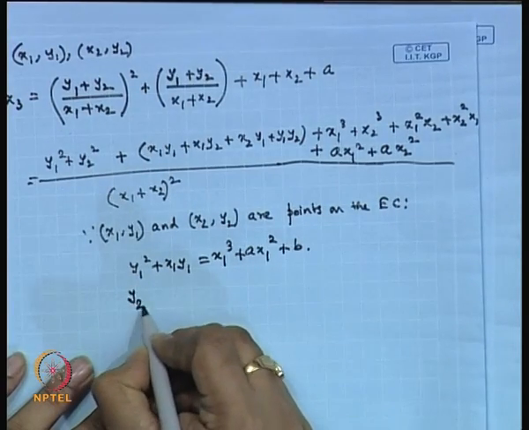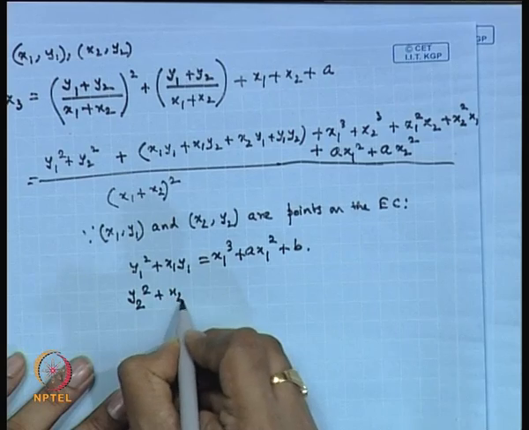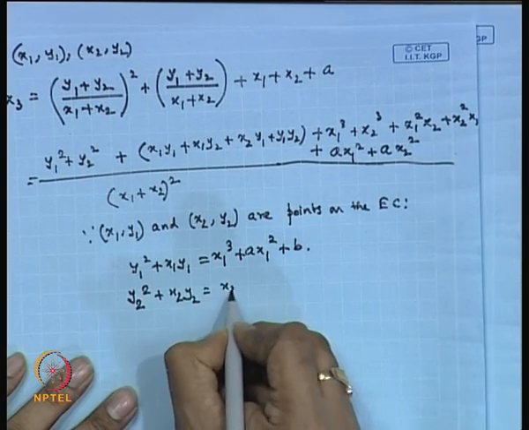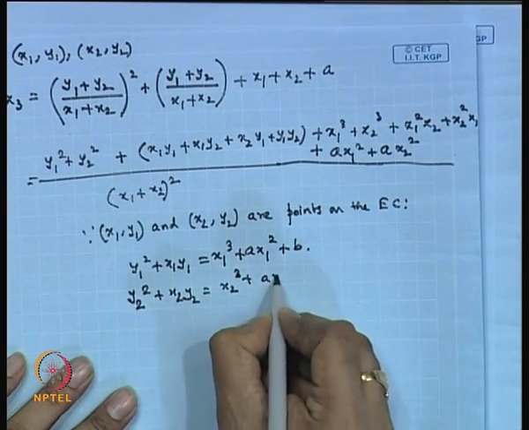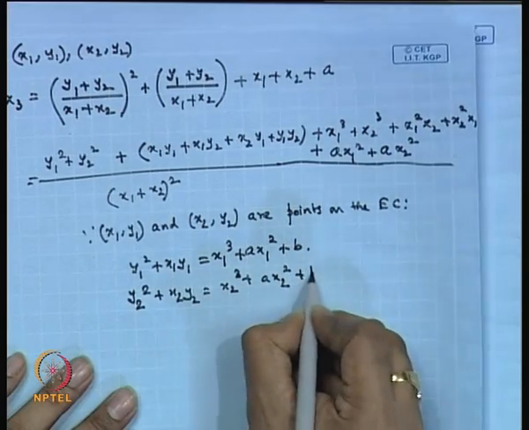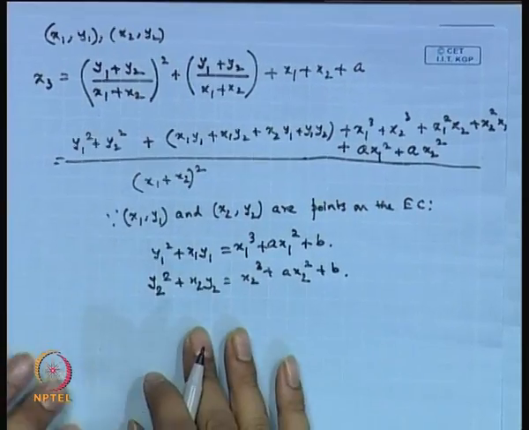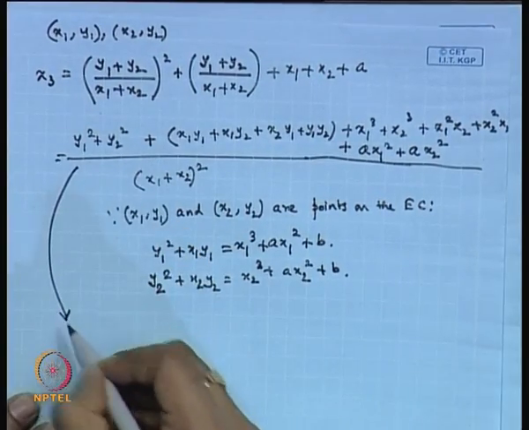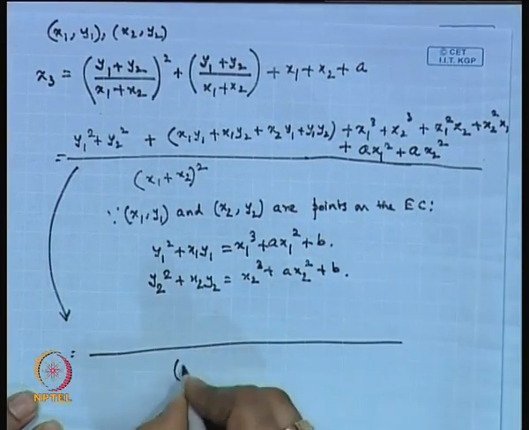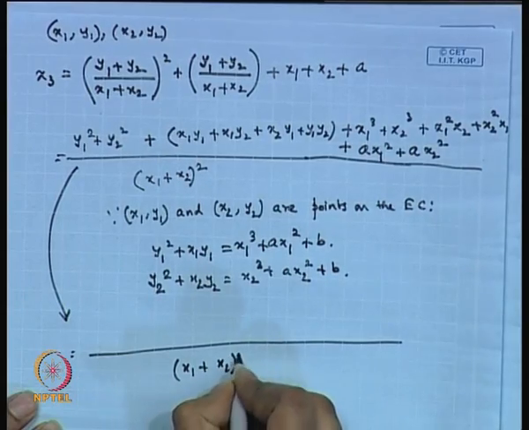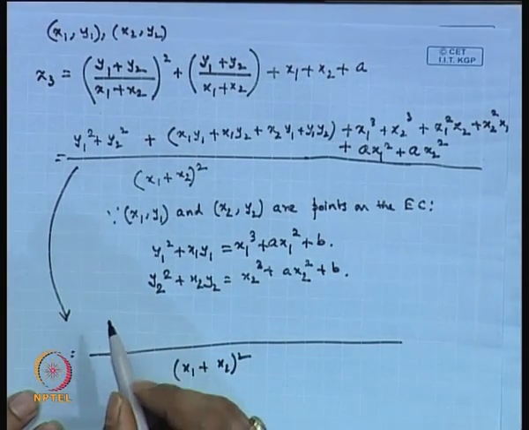Similarly, your y2 square plus x2y2 is equal to x2 cube plus a x2 square plus b, right.